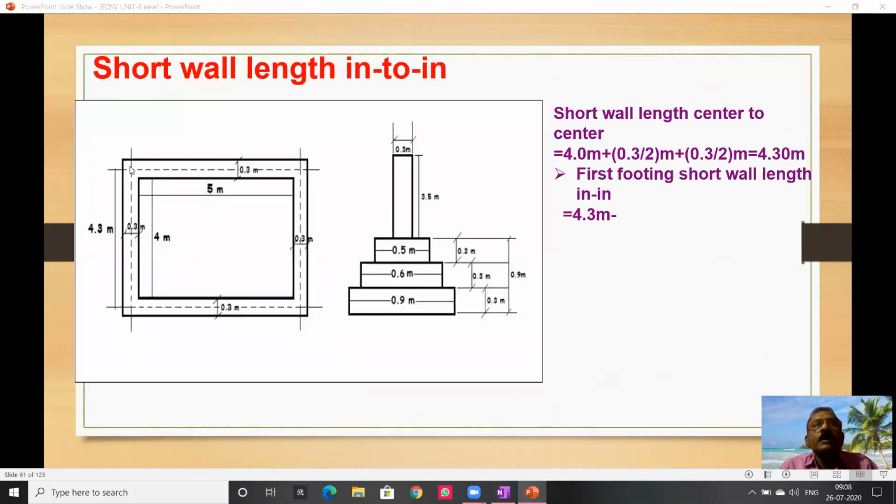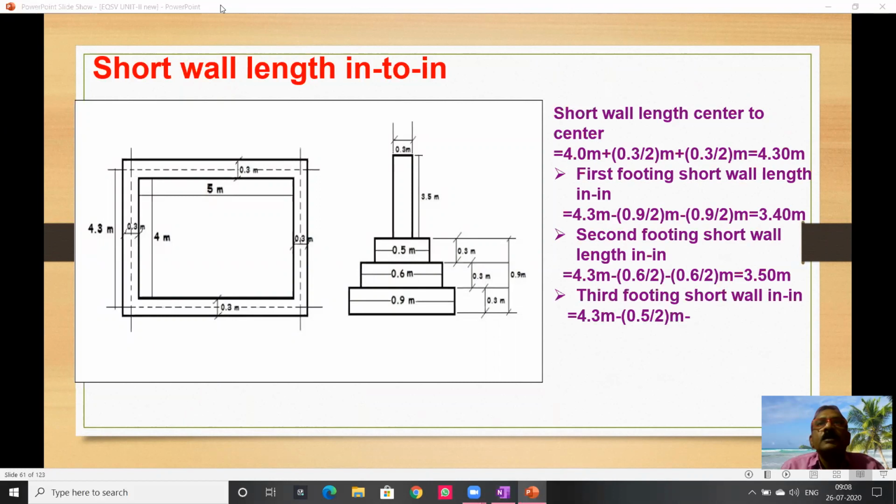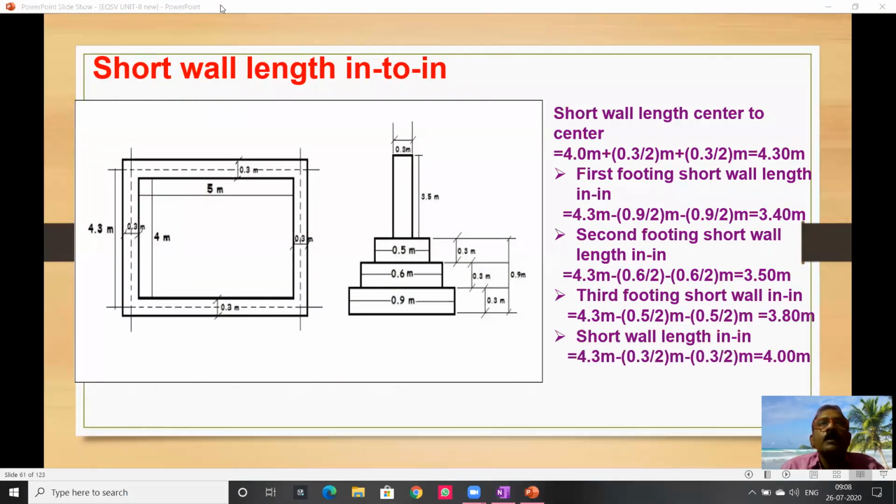See, here is the same problem, same dimensions. As I said, there are two long walls and two short walls.